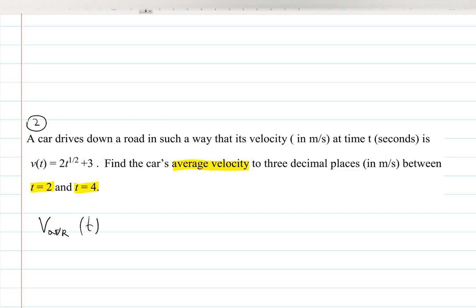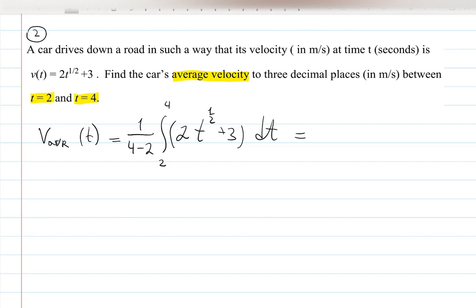of t, and I know that's just the normal integral from 2 to 4 of the function we're given, 2t to the 1/2 plus 3 dt, but we're also dividing by b minus a, that's 4 minus 2. Let's start. So I wonder, I was driving fast and slow, what was my average speed?